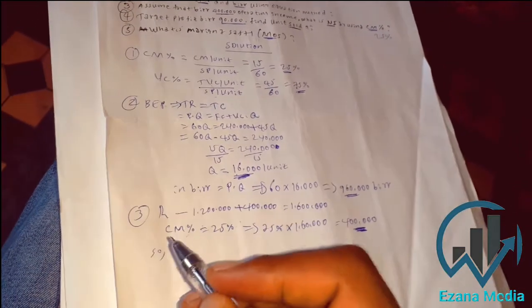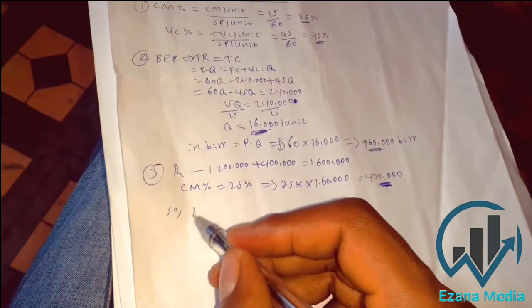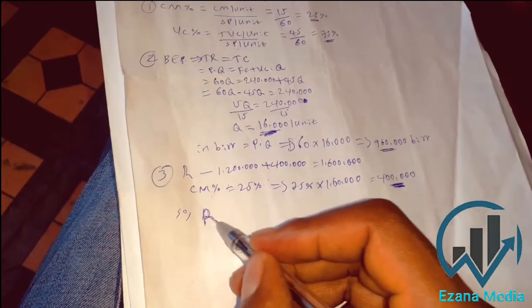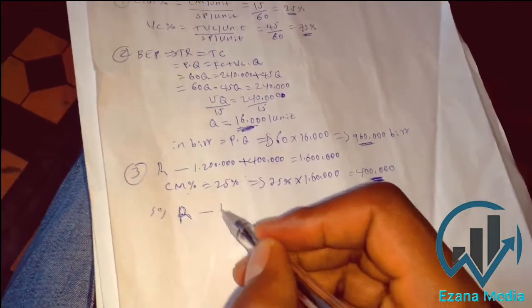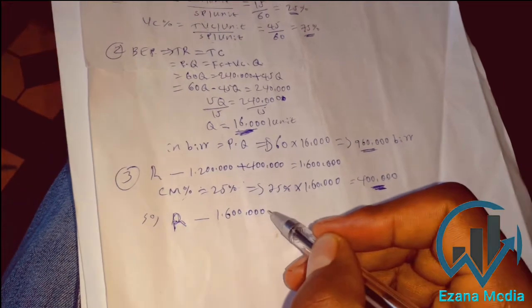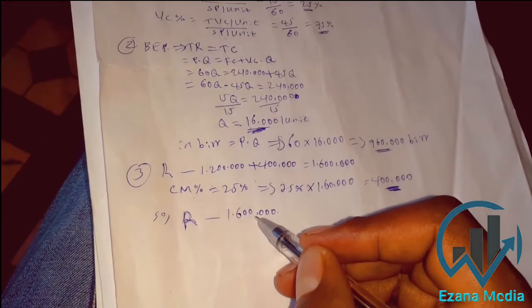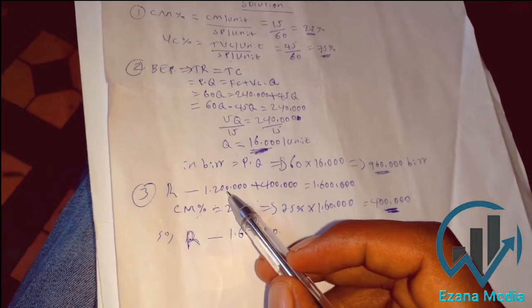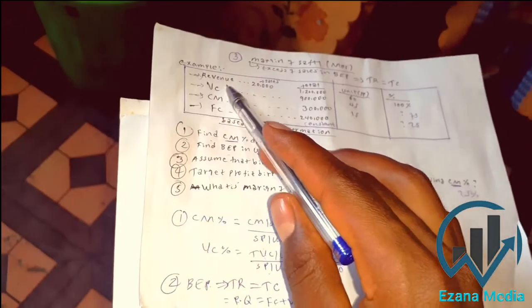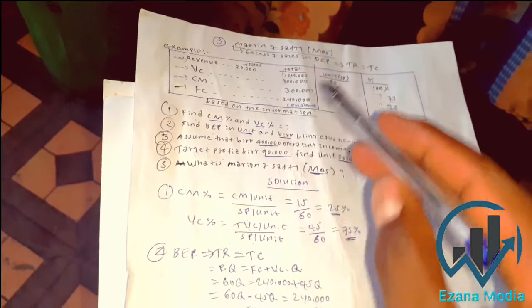So revenue means that, given the information, total revenue is 1,200,000.